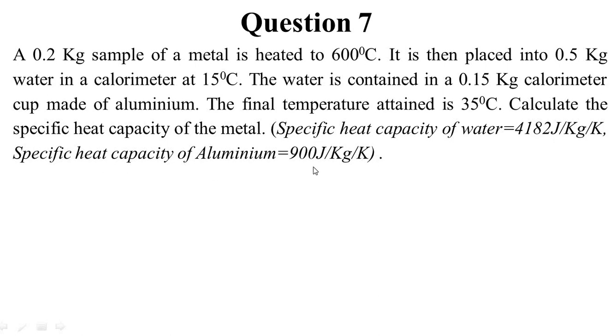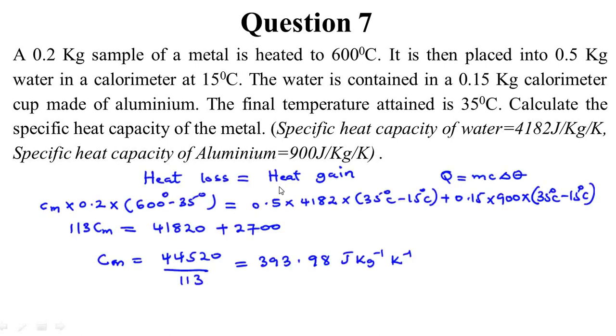aluminium as 900. Now this is a quantity of heat problem, and when you're dealing with this under calorimetry, there are so many assumptions made as far as heat transfer and heat losses are concerned. So we first want to assume that all the assumptions are kept, and therefore whatever heat is lost in the system must be gained by some components of the same system.